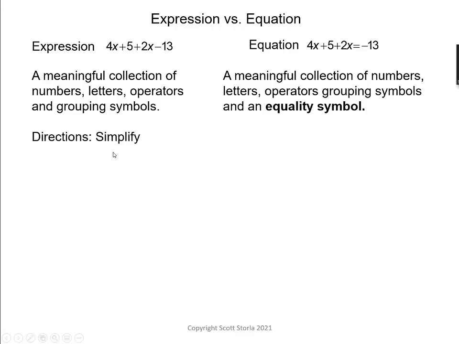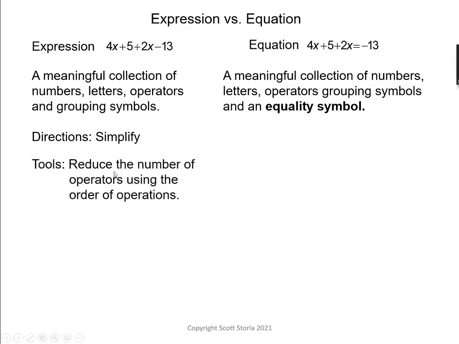With expressions, we're often asked to simplify, and that implies that we're going to reduce the number of operators using the order of operations. For example, if you were given this expression and asked to simplify, you'd add the like terms. In this case, you'd get 6x and then minus 8.